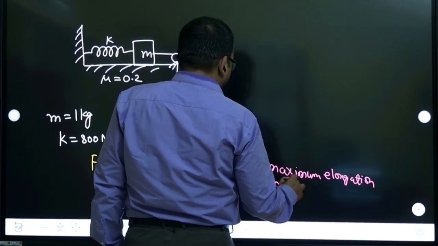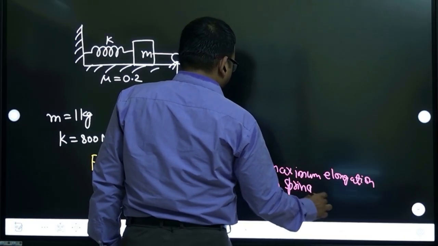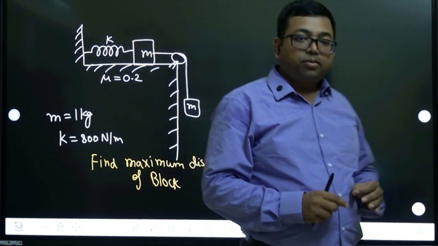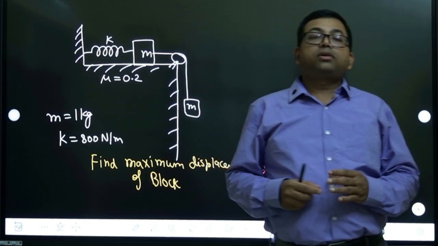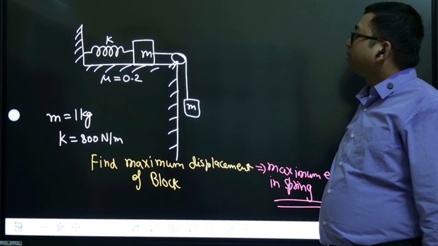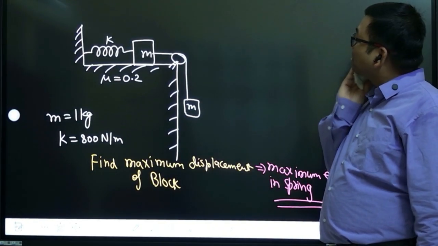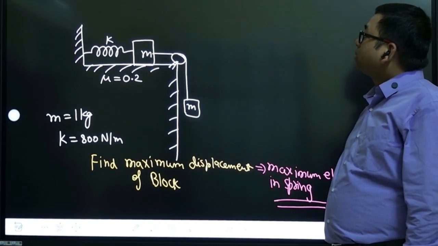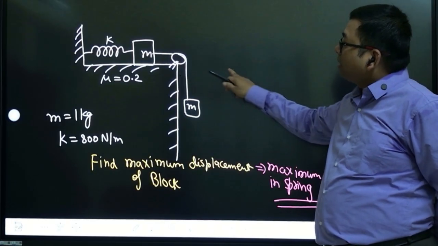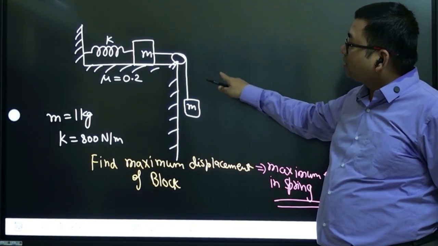This is a JEE Advanced level question. But it can be done based on energy conservation, based on the work-energy theorem. We can solve this question. Think about it. Assume that the string is quite lengthy. Don't think that it will hit the pulley.